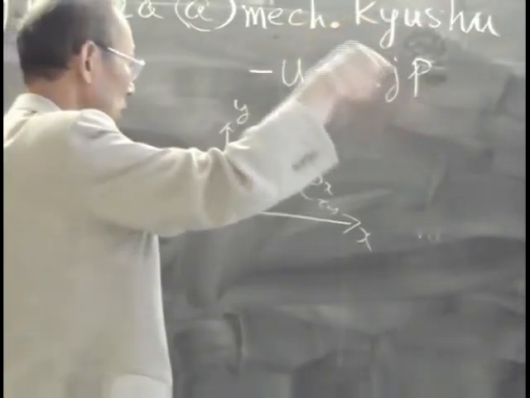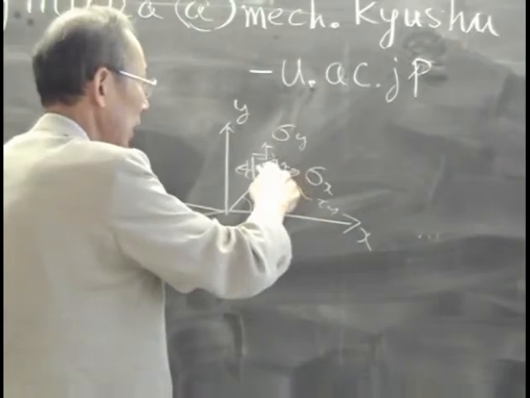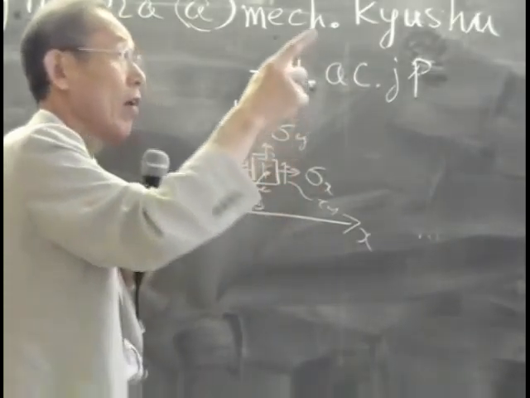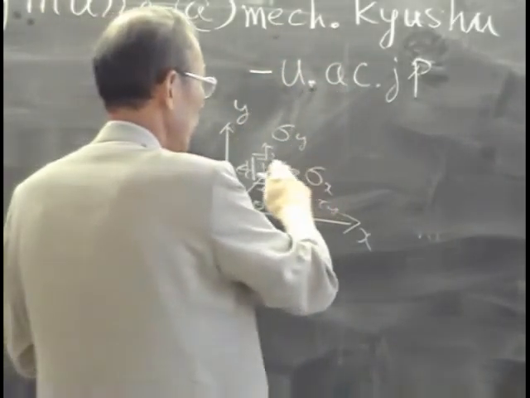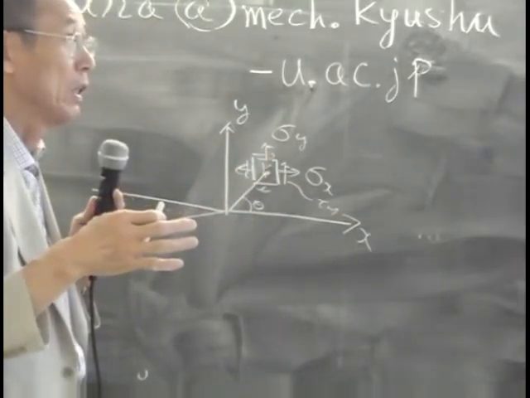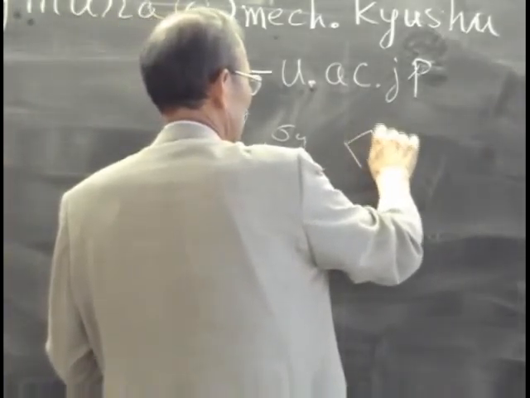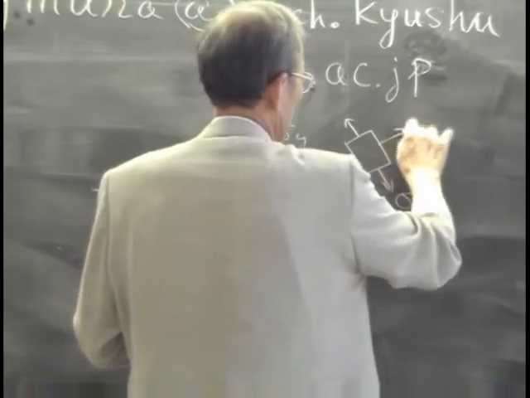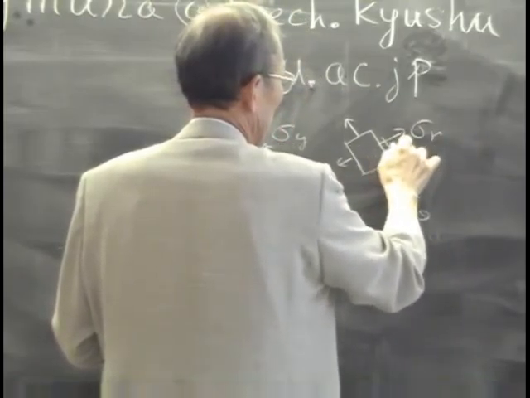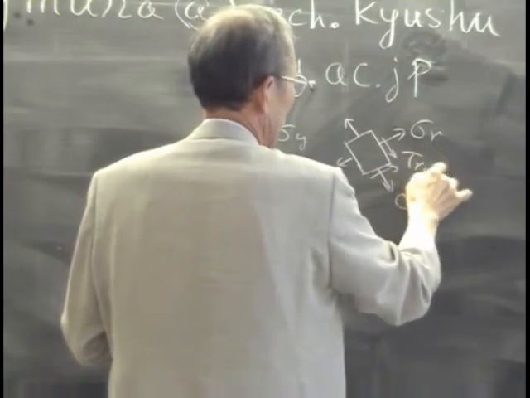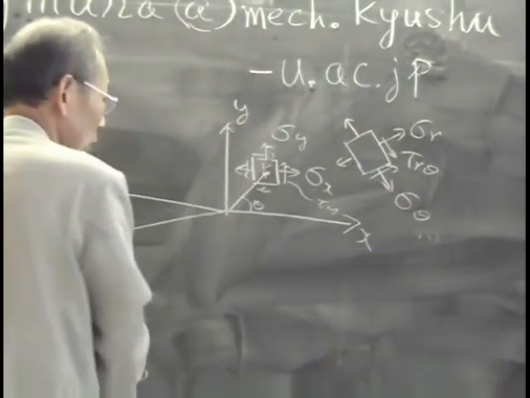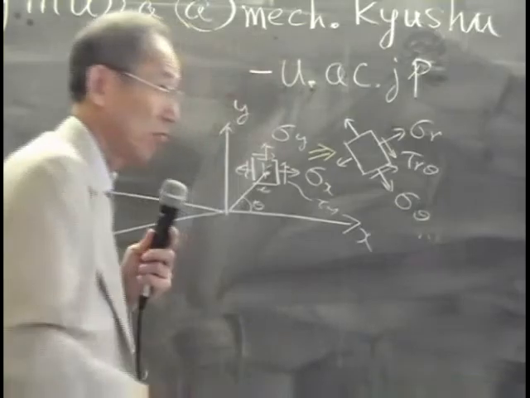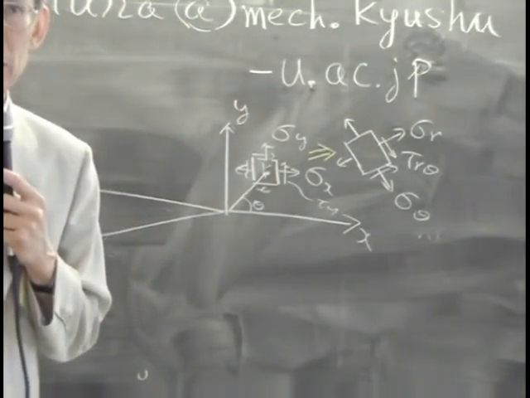In this case, stresses are expressed in the xy coordinate, but in this equation, the coordinate is the r theta coordinate. So if we want to know the stress in polar coordinates, sigma theta, sigma r, or tau r theta, all we have to do is just the stress transformation.